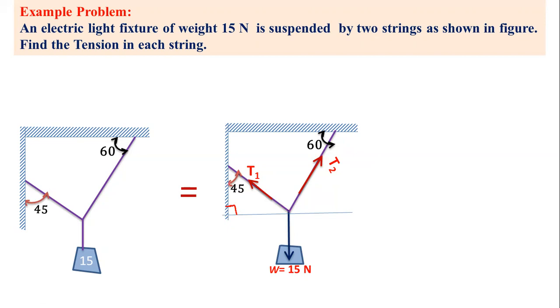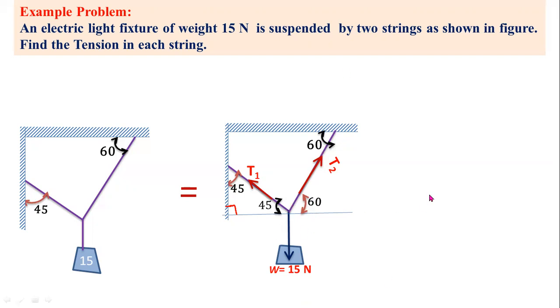Here the angle is 45 degrees, here the angle is 90 degrees, so the remaining angle is 45 degrees. So the horizontal angle is 45 degrees. Now the opposite angles are equal, so here the angle is 60 degrees.